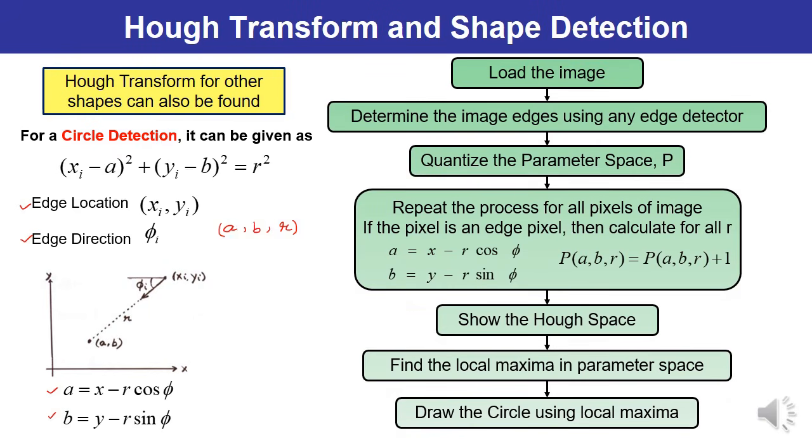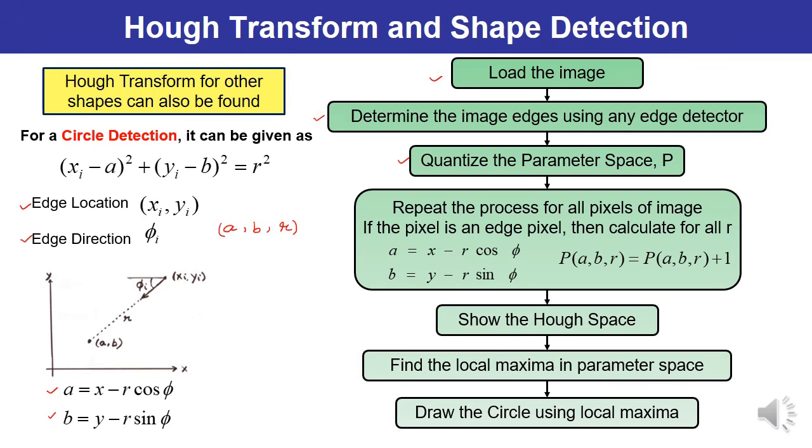The first step is load the image. The second step is again the same, determine the image edges by using any edge detector. The third step, which is the same, quantize the parameter space. In the next step, as I have told you, you have to repeat the given process for all pixels of the image.